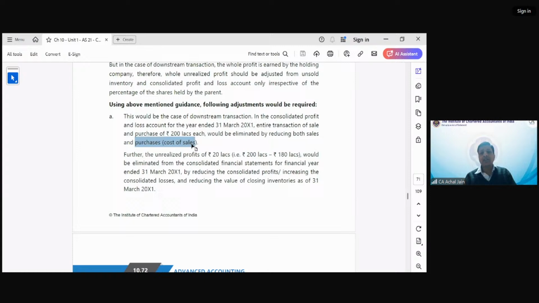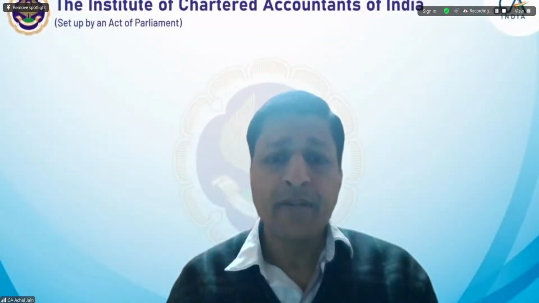Second elimination will be from the balance sheet, wherein the unrealized profit of 20 lakhs would be eliminated from the inventory. So how do you eliminate that? One, you will reduce the value of inventory, and corresponding to that, you will reduce the amount of profit. Okay. So let's try to understand as to how you will do that.